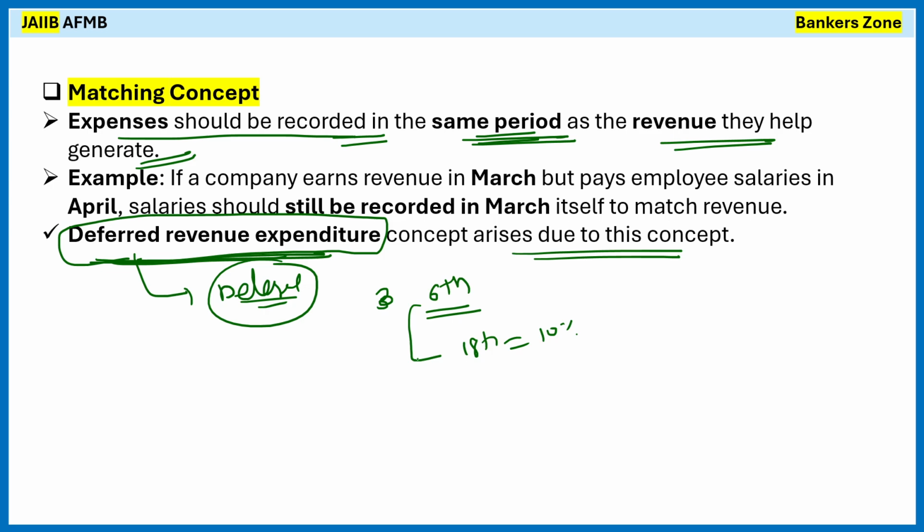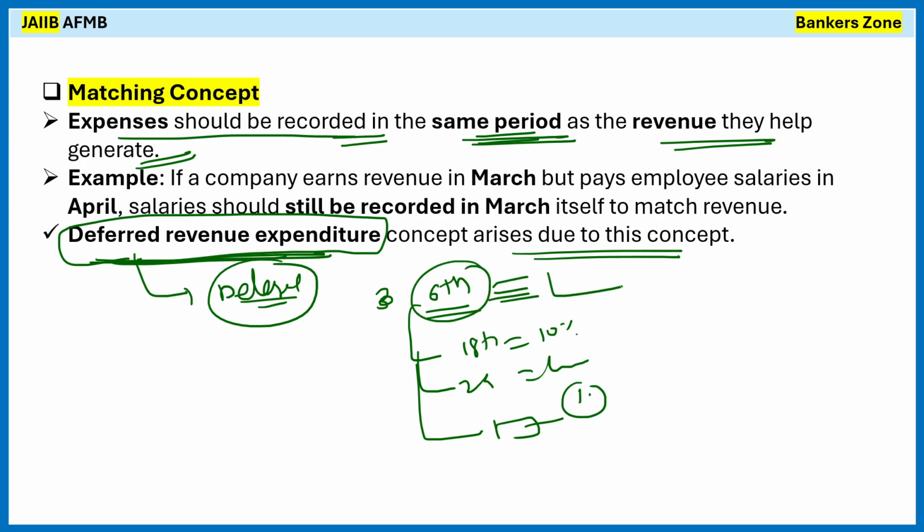The 24th is the last date, and if I pay in the next month also, no problem, they will charge some additional 10 rupees. That means if I pay on the 6th when I receive the bill, or on the 20th, or in the next month, they will not cut my electricity. That means I am deferring the expenditure.